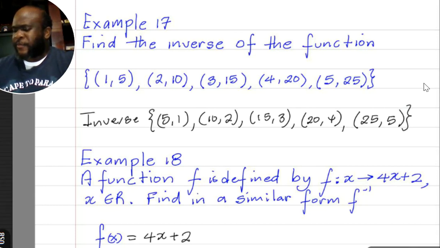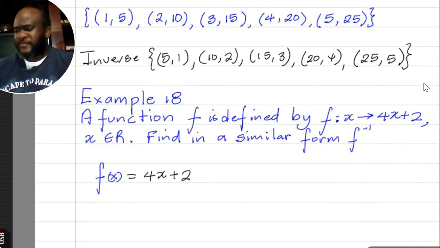So if up top we have the function, below would be its inverse. So for a function represented as an arrow diagram or a set of ordered pairs, all I have to do to obtain the inverse is to interchange the x and the y values, to interchange the domain and the range values.